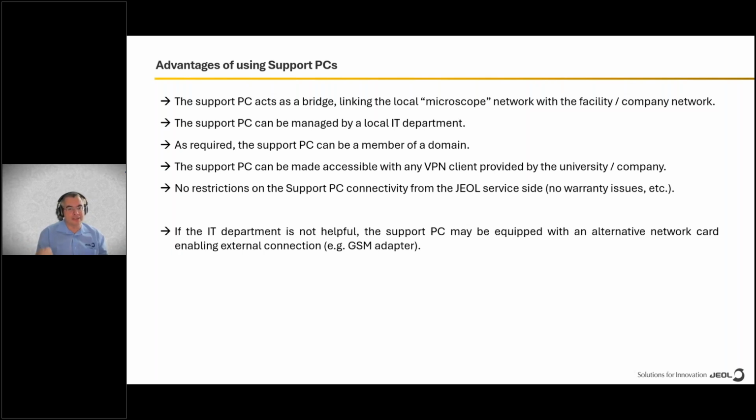This is actually always the preferred way to go because it's secure. VPN clients normally provide 256-bit encryption, which is industry standard, and it means that no one can break into the connection or into the target PC, and also the users are authorized users who actually should be connecting to a given network.